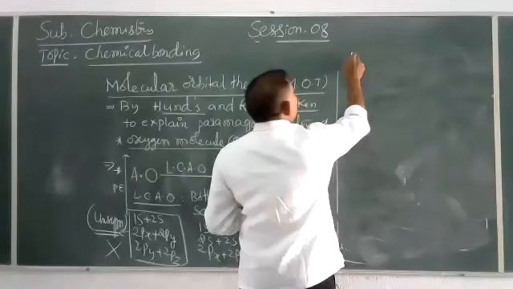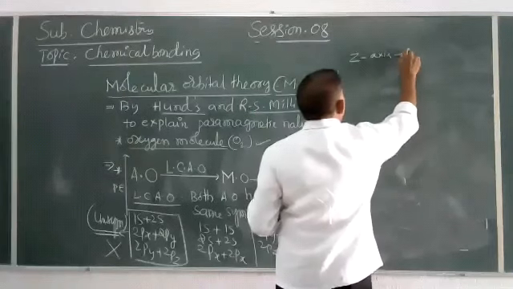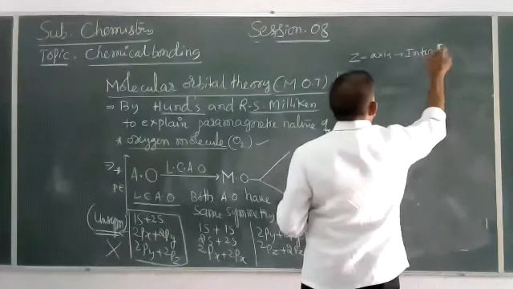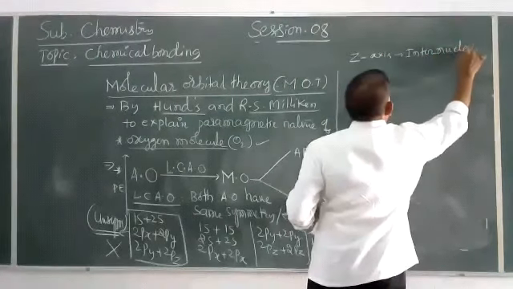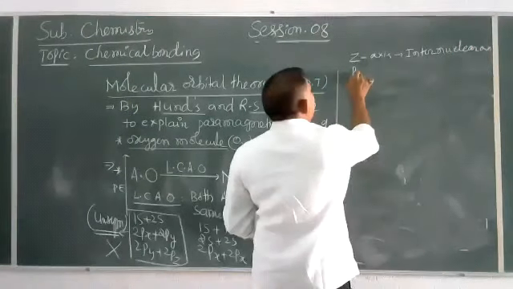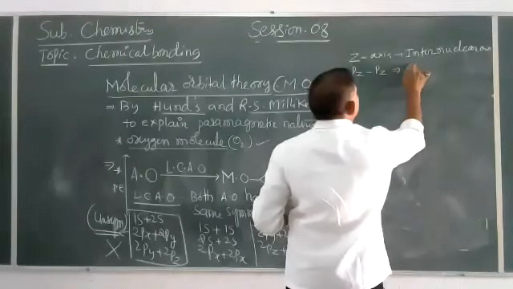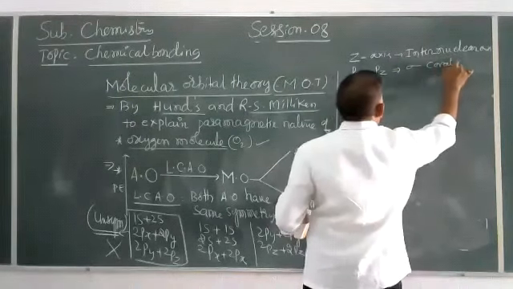Here the z-axis is considered the internuclear axis. That is, pz and pz form a sigma covalent bond.